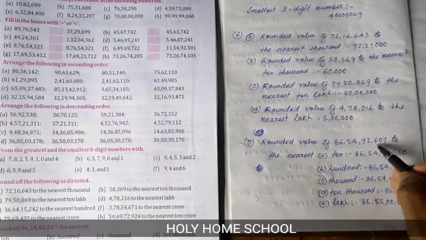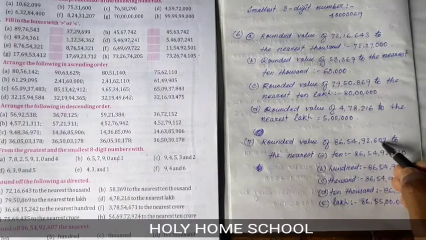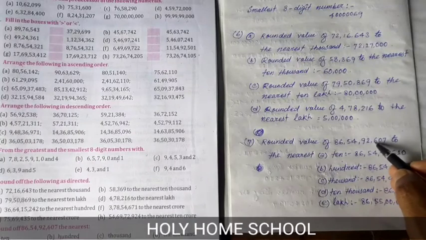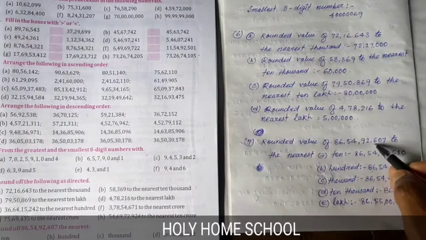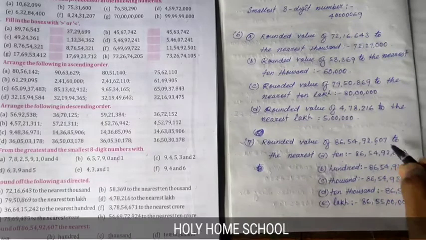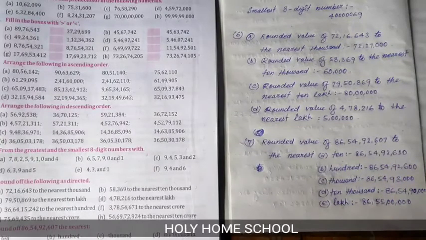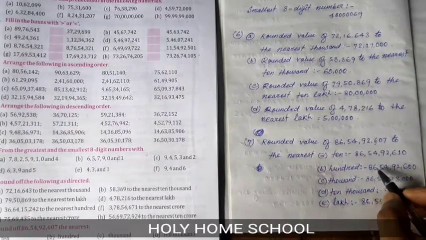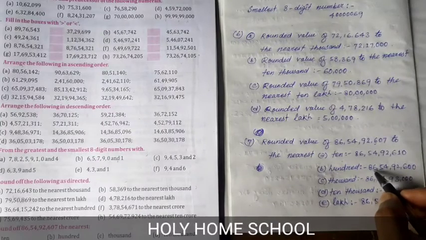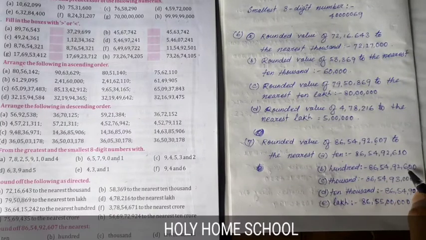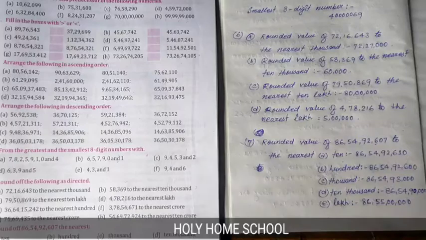For the nearest 100, at tens place 0 comes, so this 6 will not be increased and remains, so 86 crore 54 lakh 92,600.